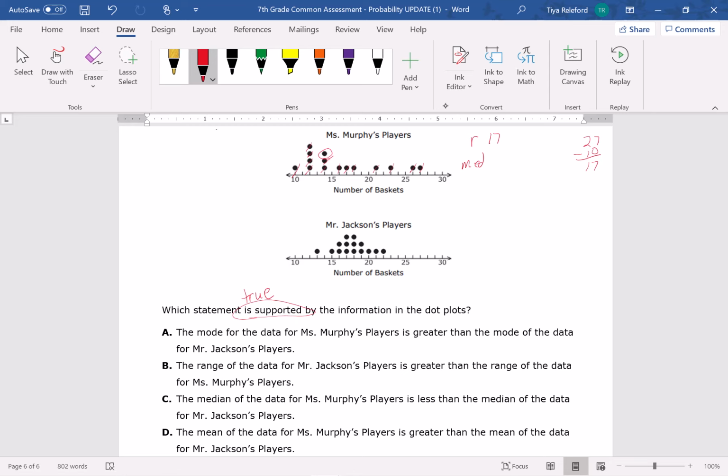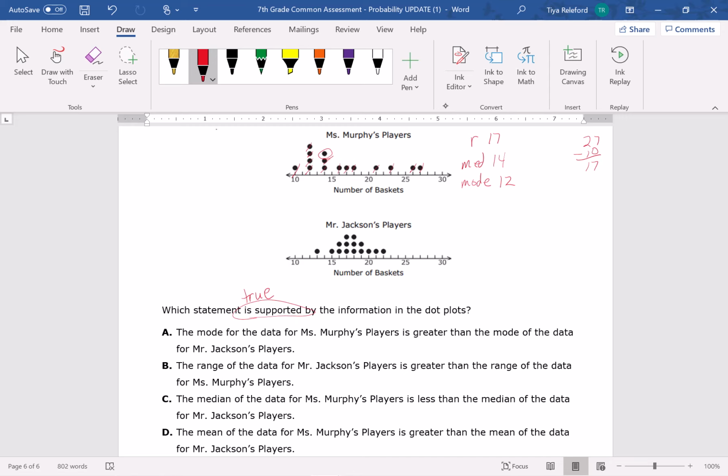I end up with 14. For the mode means most. 12 has the most dots.